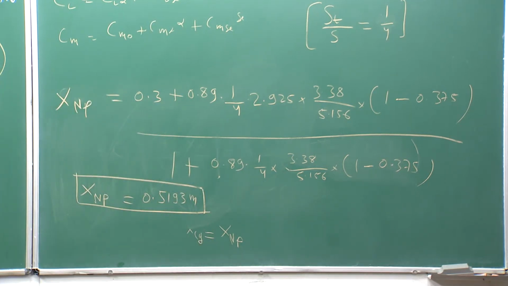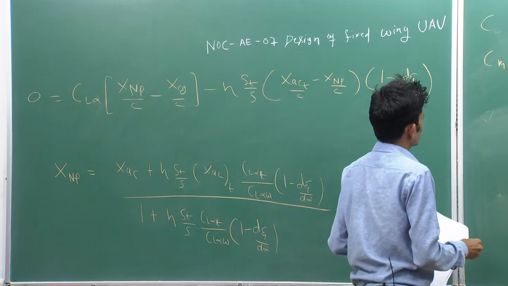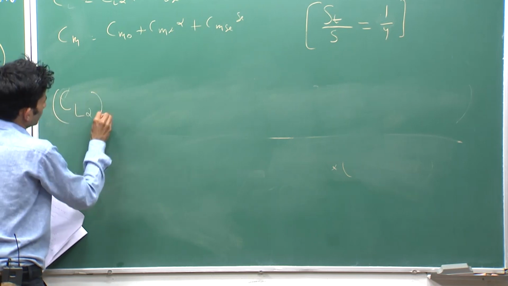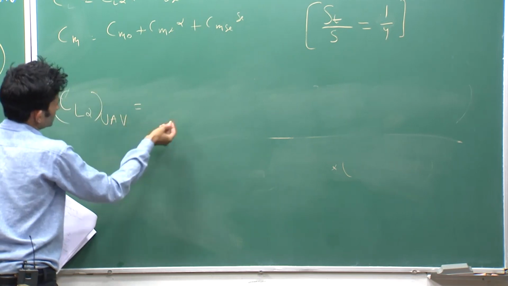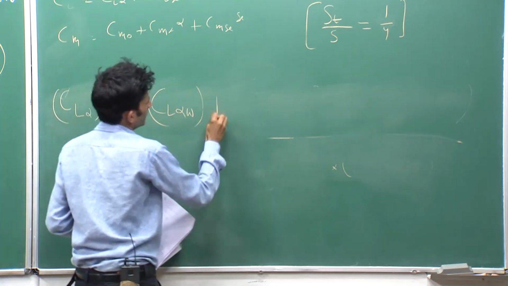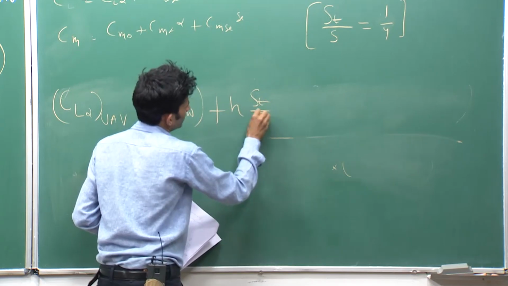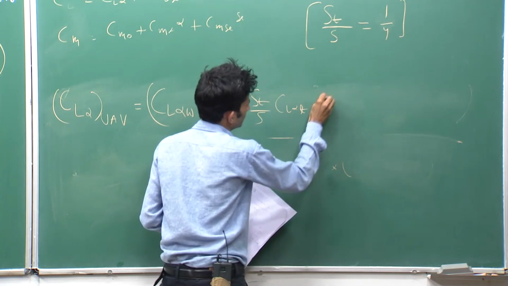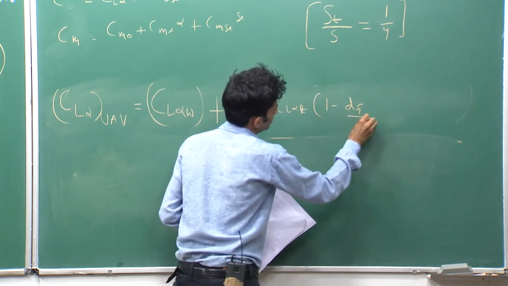So in the second question you have to find the total lift curve slope of the UAV in per radian. So total lift curve slope, CL alpha of the whole UAV, is nothing but CL alpha of the wing plus eta ST by S CL alpha of the tail into 1 minus dou epsilon by dou alpha.